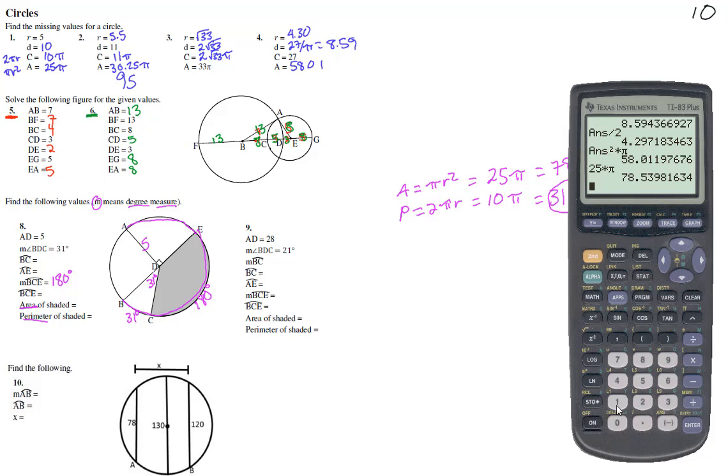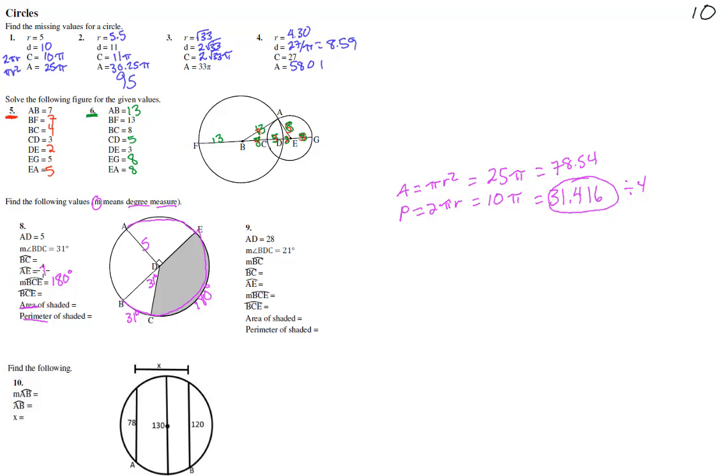It was 10 pi, and we divide it by 4 because we're a quarter of the way around the circle, and we get 7.85 for arc AE. Now we could have kept it exact, and that gives us 5/2 pi.